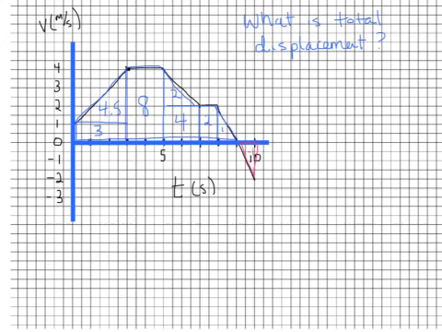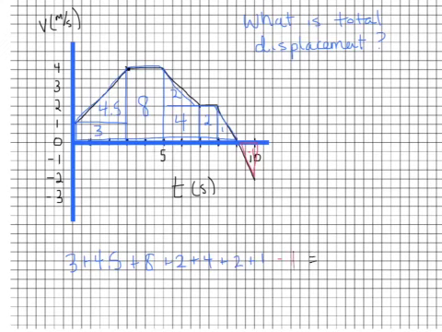So now it's very simple. If I want to find my total displacement for the entire 10 seconds, it's going to be 3 plus 4.5 plus 8 plus 2 plus 4 plus 2 plus 1 minus 1.